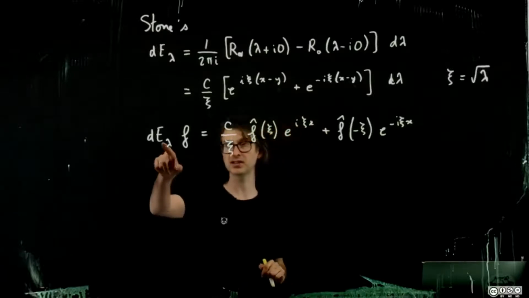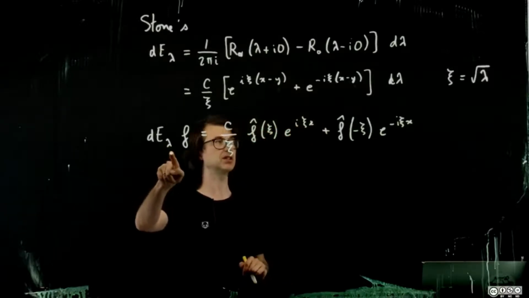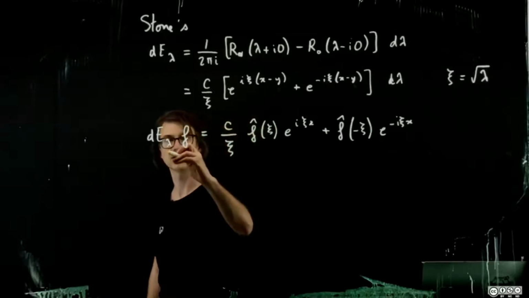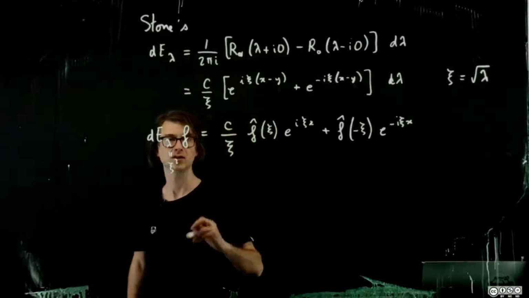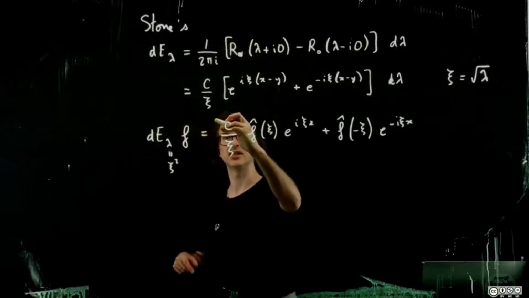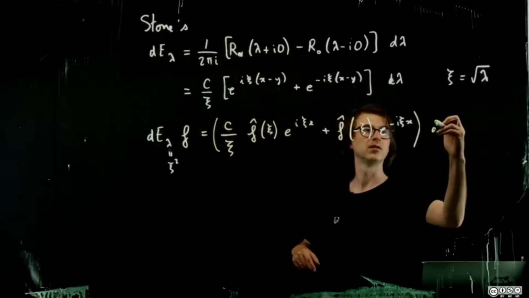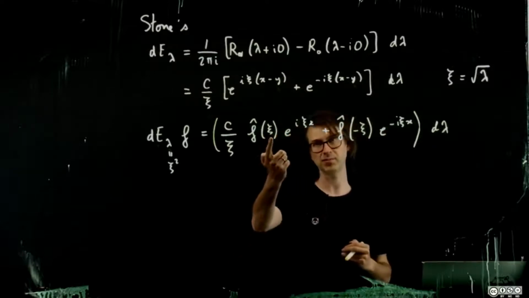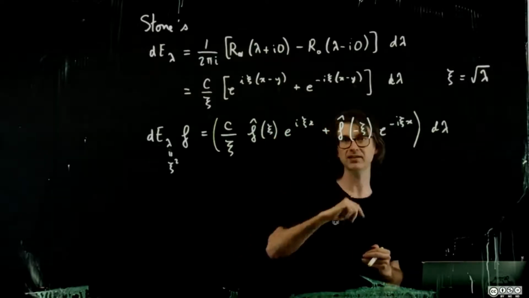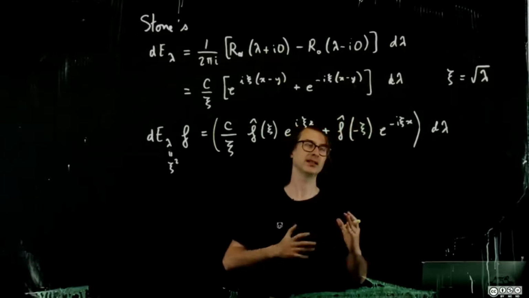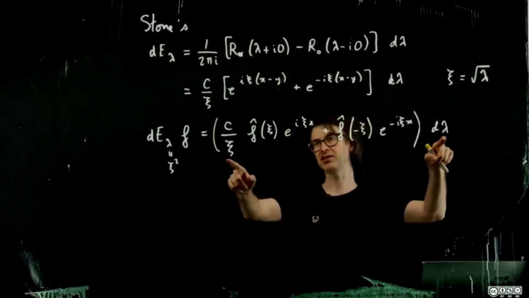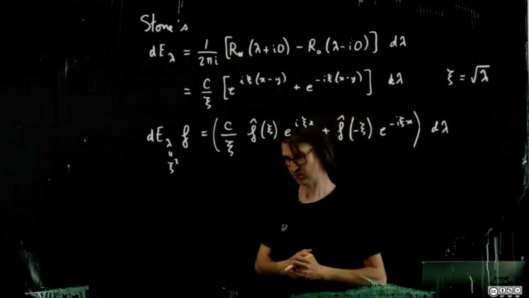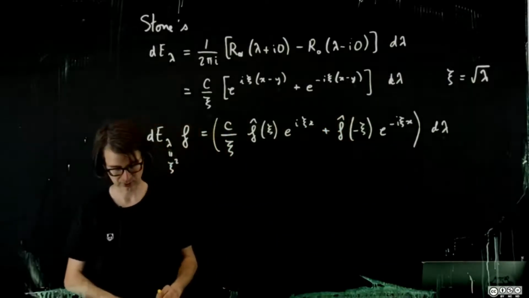So if you project on the frequency lambda, which is xi squared, and there's d lambda here, you get two contributions, one from the frequency plus xi and one from the frequency minus xi. And then since lambda is xi squared, there is this 1 over xi that comes from the Jacobian of the change of variable.